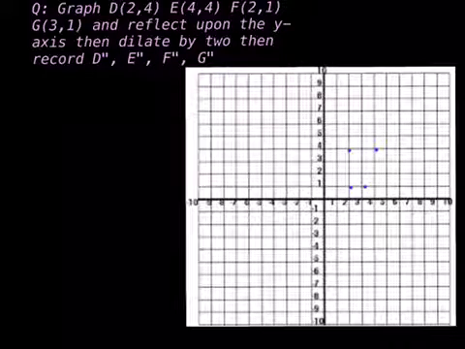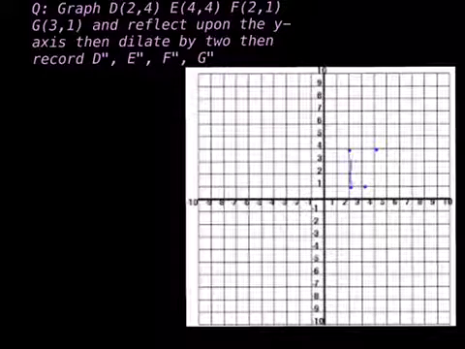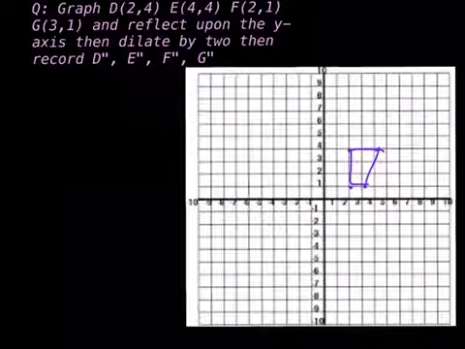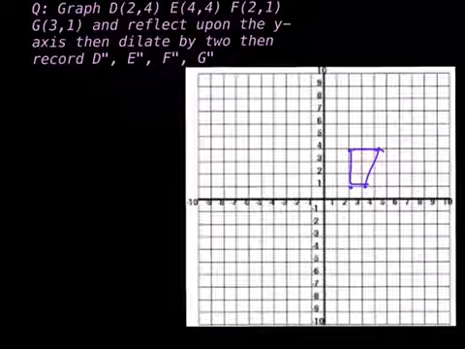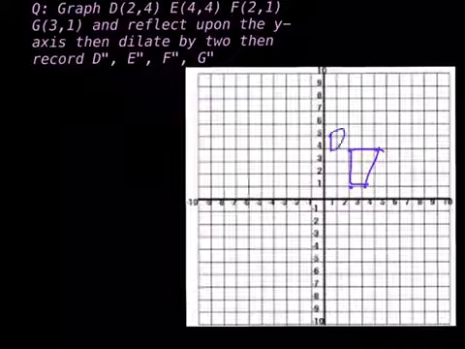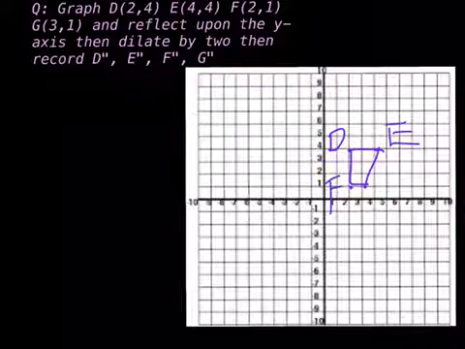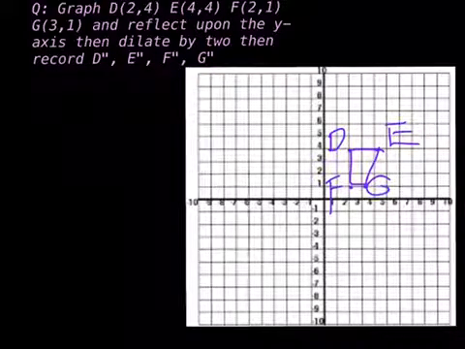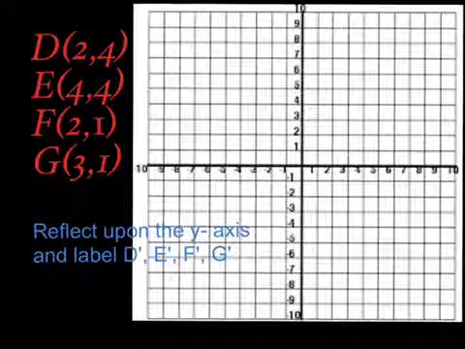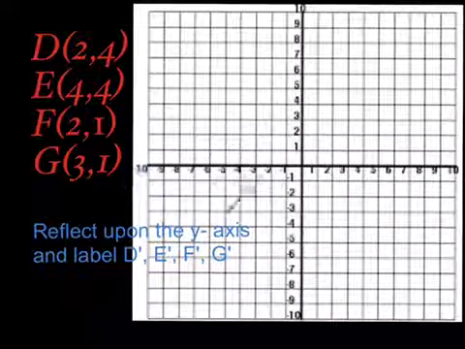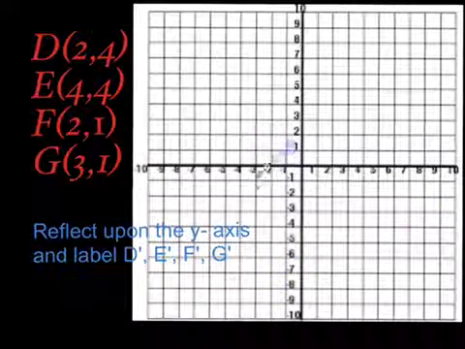And if it helps you, you can connect your dots. After those are connected, you have to label your points. So this here would be D, this here would be E, this here would be F, and this here would be G. What I hope you figured out from our previous statement is that this is our x-axis and this is our y-axis.